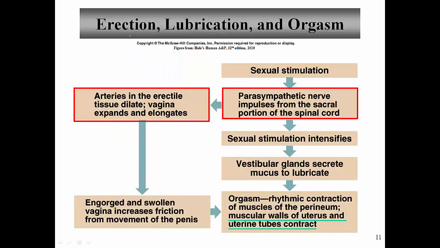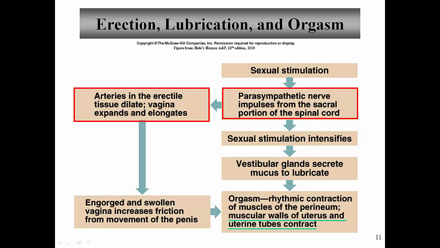And finally, let's talk about erection, lubrication, and orgasm in the female. The autonomic nervous system branches that control the erection, lubrication, are basically the same as those that control erection in the male. And remember, that is the parasympathetic nervous system. As we talked about in the male, the parasympathetic nerves release nitric oxide, which is a blood vessel relaxer and causes blood to flow into all the erectile tissues.